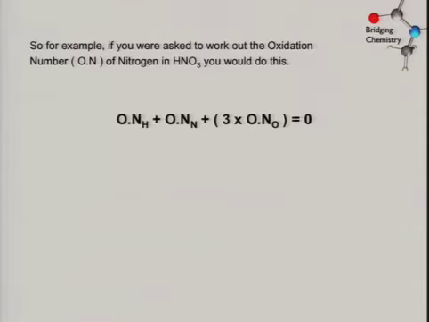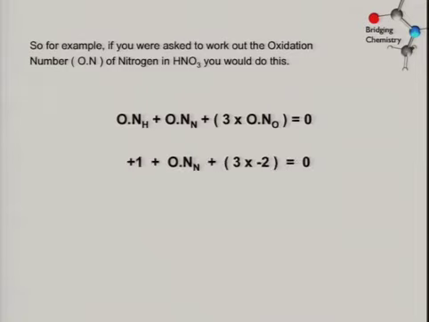In all molecules, oxygen will be -2. So what we do is work out the oxidation number of the nitrogen because we know that the oxidation number of the hydrogen plus the oxidation number of the nitrogen plus 3 times the oxidation number of the oxygen equals 0. Overall, that molecule is neutral, so the sum of the oxidation numbers must equal 0.